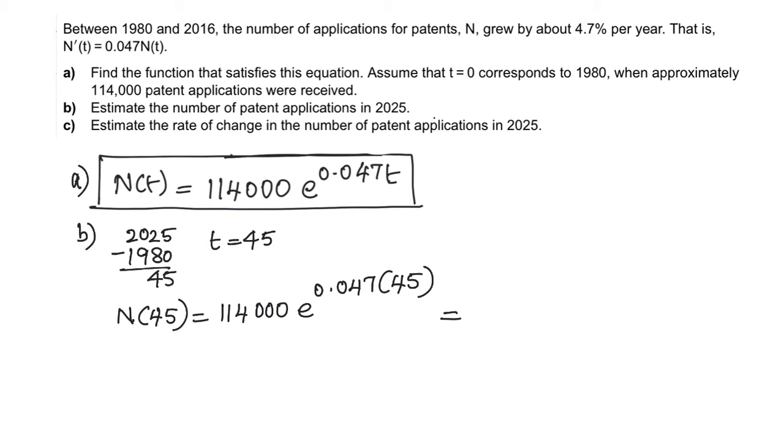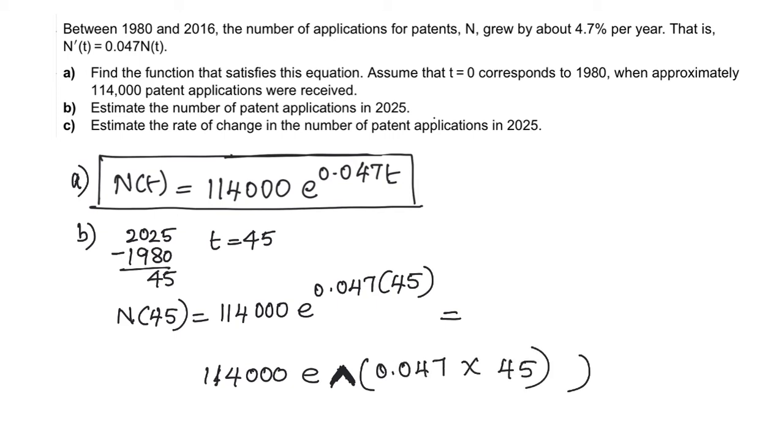While entering into the calculator, make sure you put parentheses around the entire exponent. To enter the exponent, depending on which calculator you are using, you can use the caret sign for the exponent. Then 0.047 times 45.